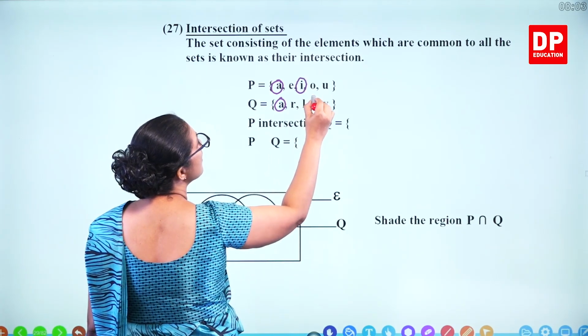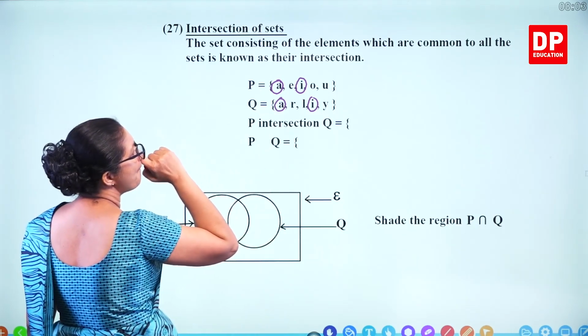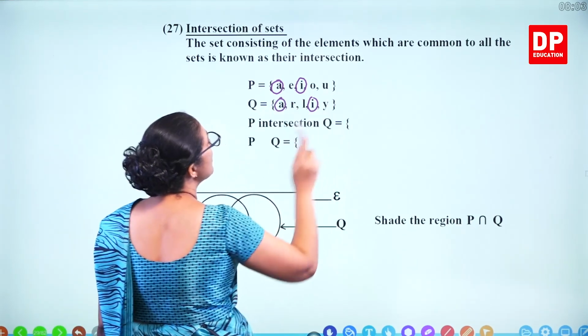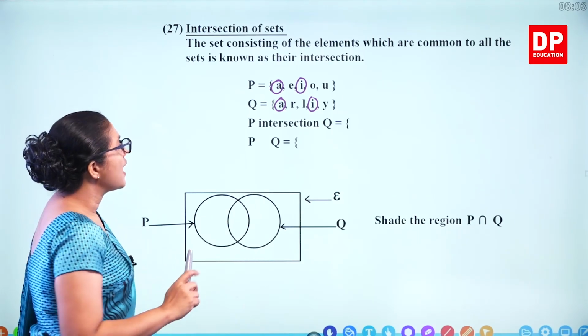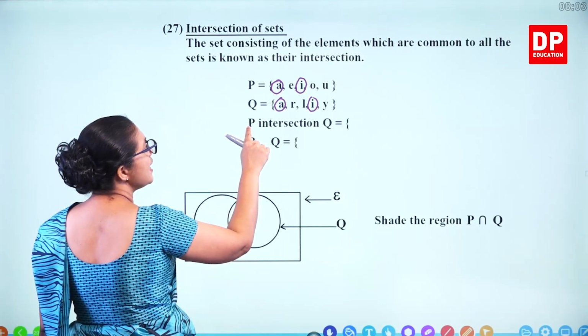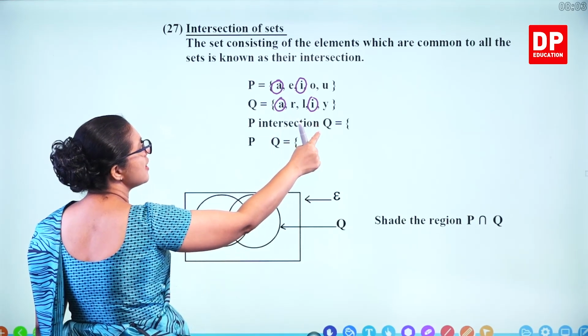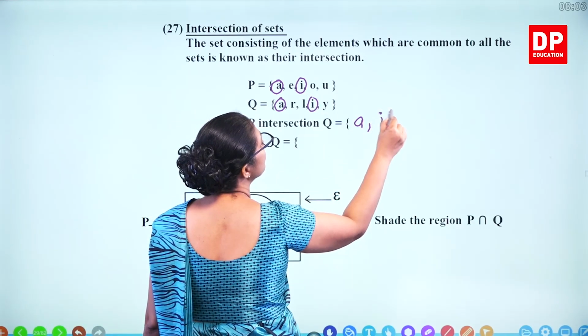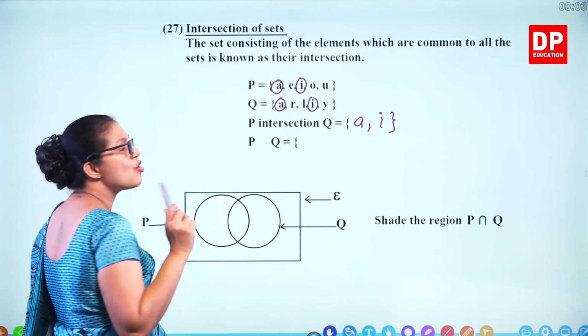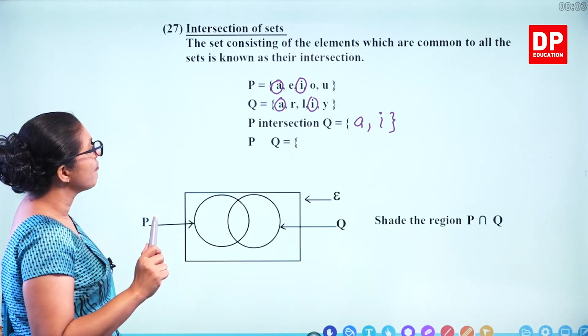I. That's all. A and I are common. So we can say P intersection Q is A and I. Those are the two common elements.